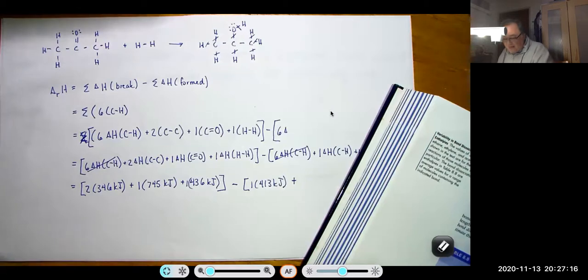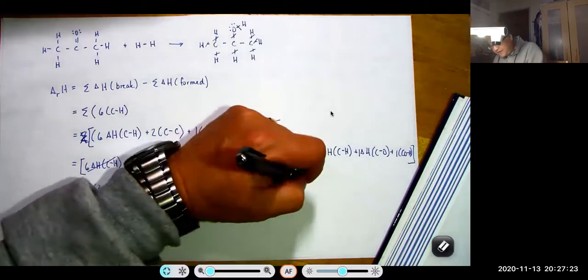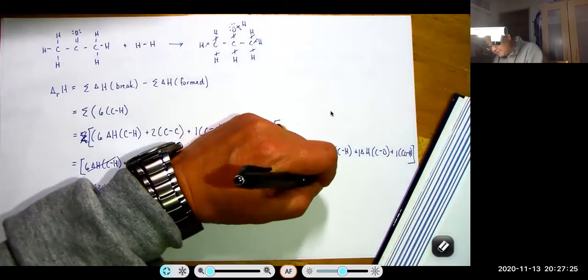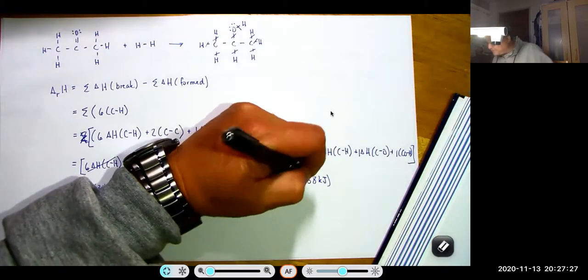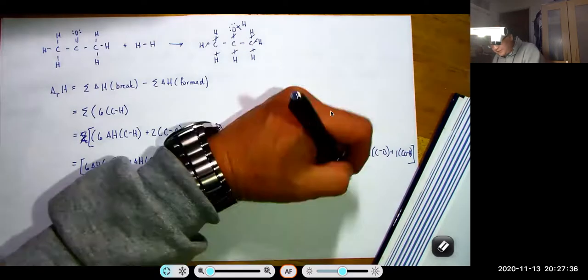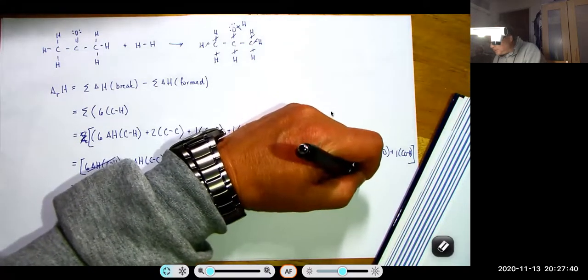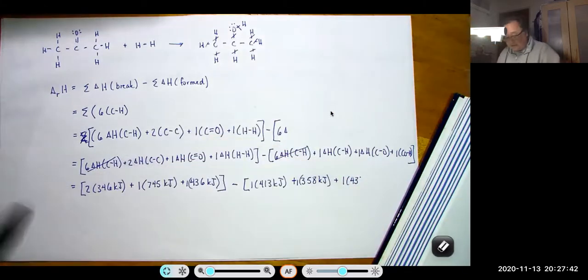So now we have a carbon-oxygen single bond, which is 358. And then finally, we have an oxygen-hydrogen single bond. And that's going to be, excuse me, 463.